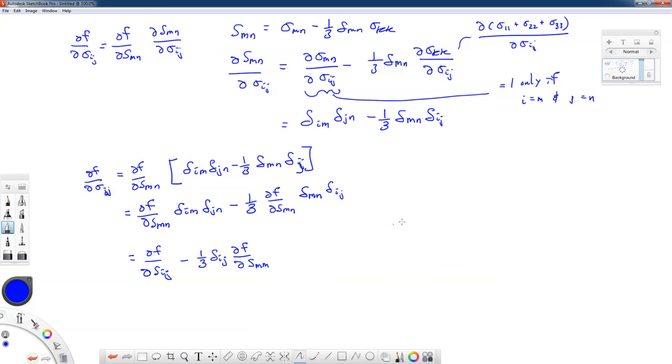Now Smm is equal to the trace of the deviatoric stress tensor.